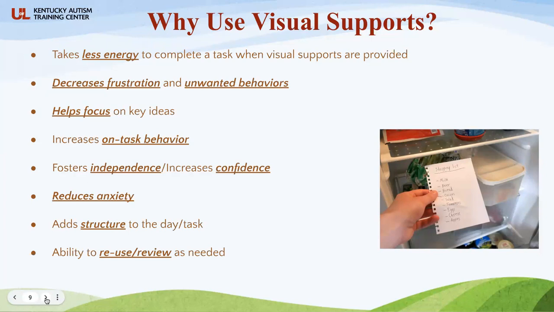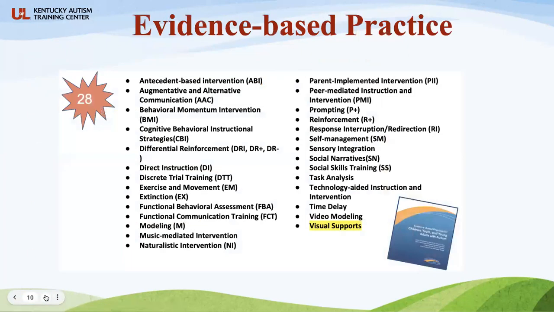They know what they need to do in order to accomplish something or to get somewhere or to do something or what's coming next, depending if it's a schedule. And if they forget, because it's multiple steps or multiple things, they can always refer back to that visual support. Again, if you think about it, there are a lot of reasons why we use visual supports in our days.